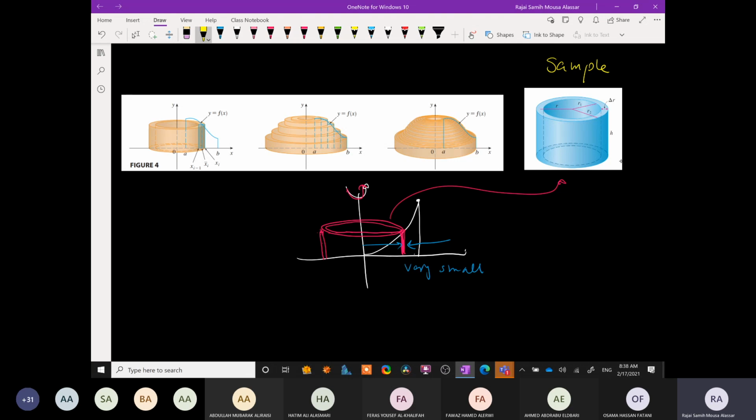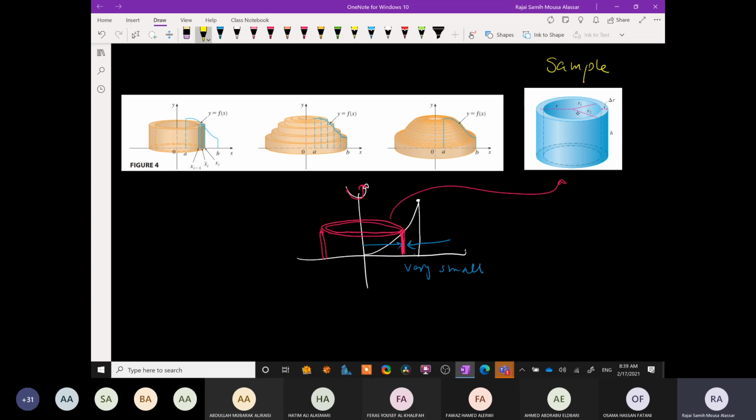And repeat means you just have to add them up. Adding them up, if they are infinitesimally small, means you're going from the sum to integration. What is the difference between a sum and an integral? It is the limit. They become really very small. So we have a symbol for that.